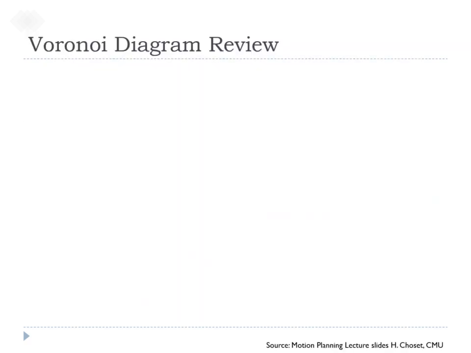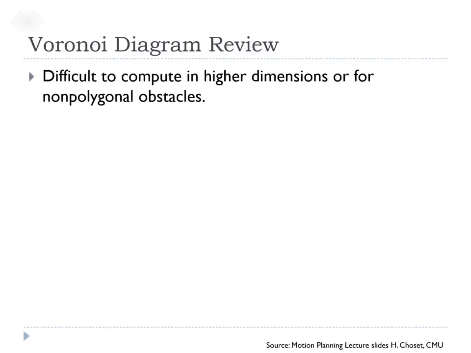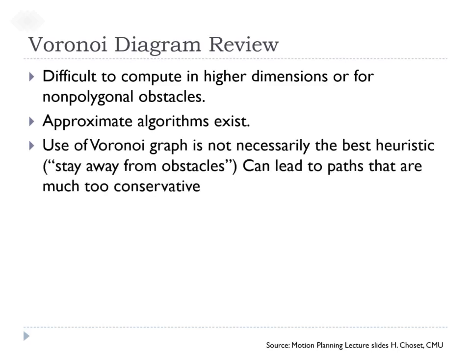Voronoi diagrams are very good, but they are difficult to compute in higher dimensions or for non-polygonal obstacles. So for non-polygonal obstacles, we generally bound them into polygonal boundaries. That is, we find out a polygonal approximation of those boundaries, and accordingly we create the Voronoi diagram. Then we have approximation algorithms which exist. But use of a Voronoi graph is not necessarily the best heuristic.